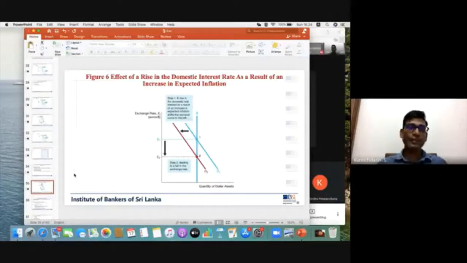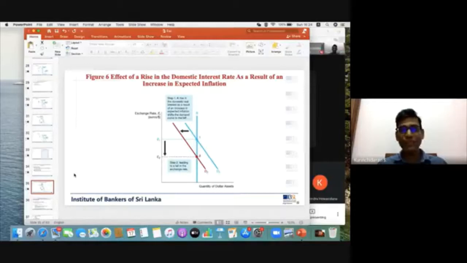And then how the exchange rate is determined in the short run, what factors to consider in analyzing short-run fluctuations, and how the exchange rate changes when every factor changes, right? This is the key area.